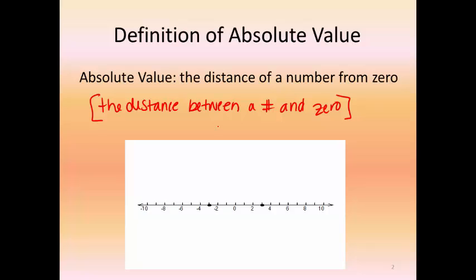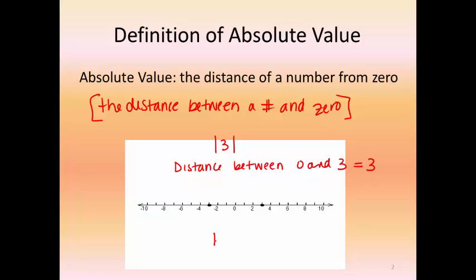So if we were to look at the absolute value of 3, we're talking about the distance between 0 and 3. The difference between a number and 0. So what is the distance between 0 and 3? We say, well, the absolute value is 3.